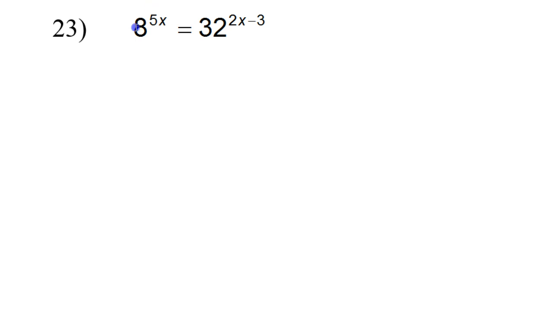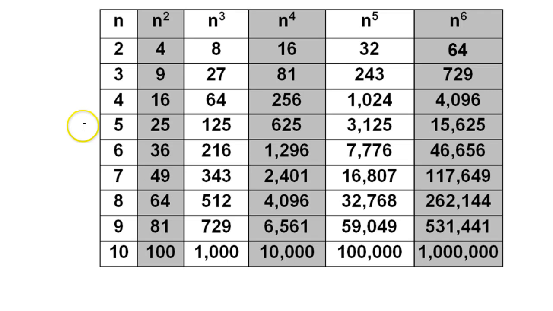Well, I need to change both of these. That's the bottom line. How can I write 8 and 32 as the same base? Basically, see if you can find 8 and 32 on the same row here. There's 8 and there's 32. That means I could use base 2.